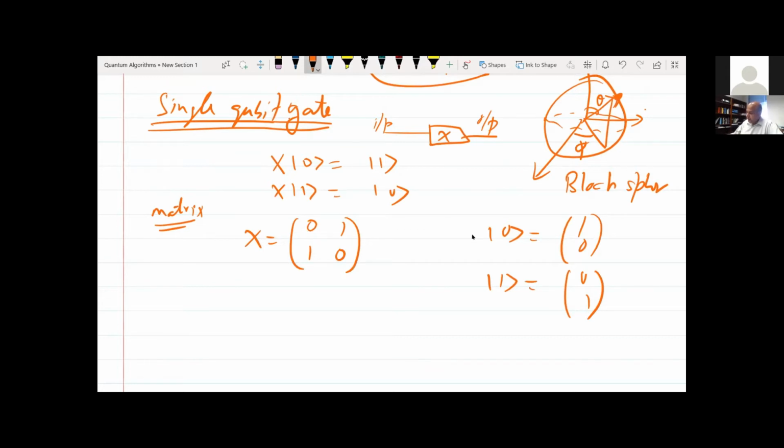When this X acts on 1 0, it gives us 0 1, and when this X acts on 0 1, it gives us 1 0. You can actually check it very easily.